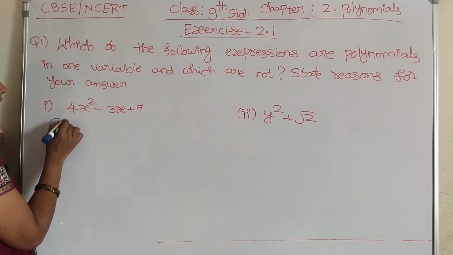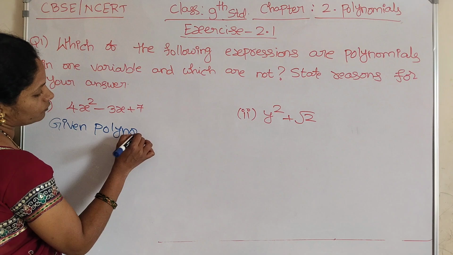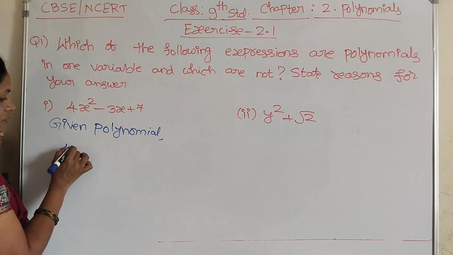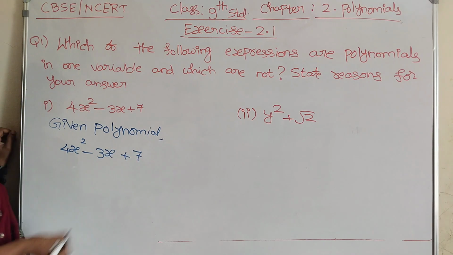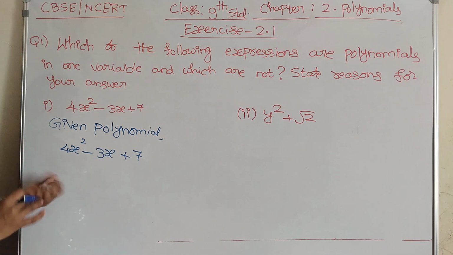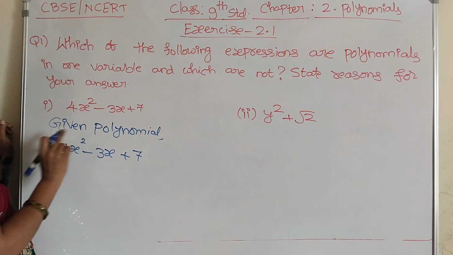First of all, let us write the given polynomial. 4x square minus 3x plus 7. Is it a polynomial? First question is, is it a polynomial or not? Yes, it is a polynomial because the degree of this x is 2.